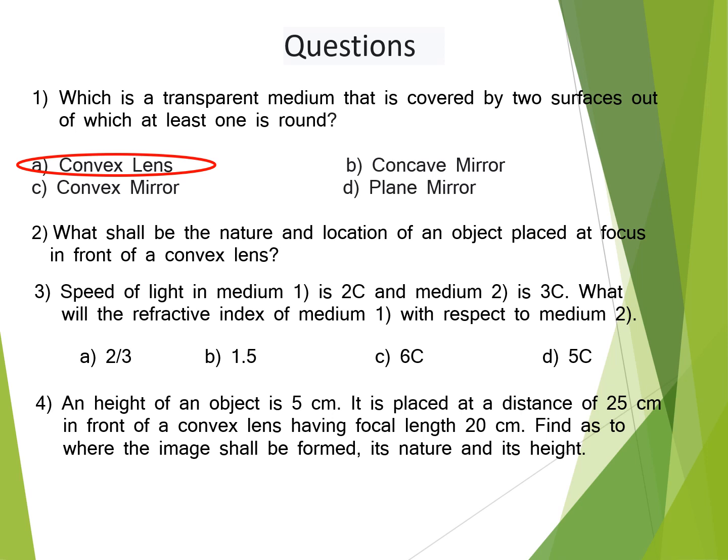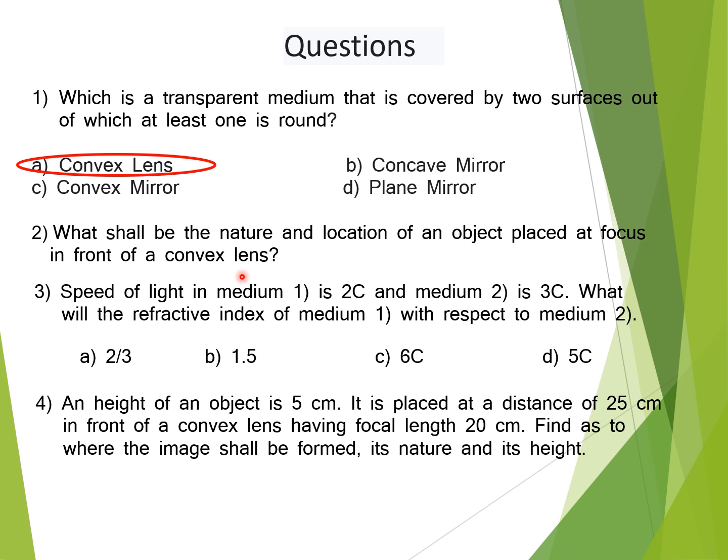And the second light ray shall pass through the optical center and it will not deviate after refraction. Both these two lines shall be parallel. And where do the parallel lines meet? At infinity. So the image is going to be made at infinity. So the location of the image shall be infinity. And because these lines will be meeting really, the nature of the image shall be real and inverted.